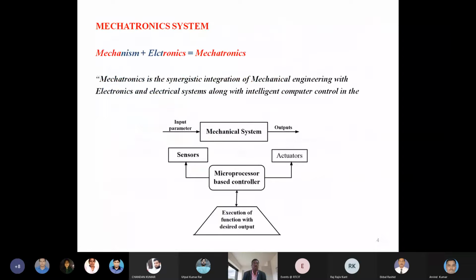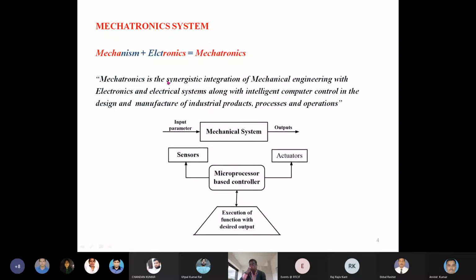Now comes mechatronic systems. Whenever we talk about smart manufacturing, we cannot keep up with conventional manufacturing techniques. Of course, we have evolved from conventional to CNC manufacturing techniques.